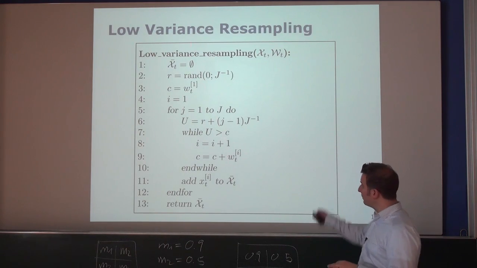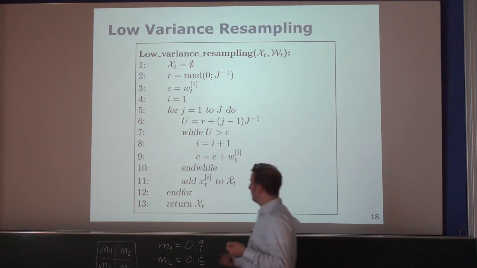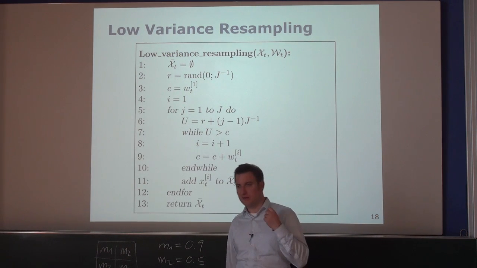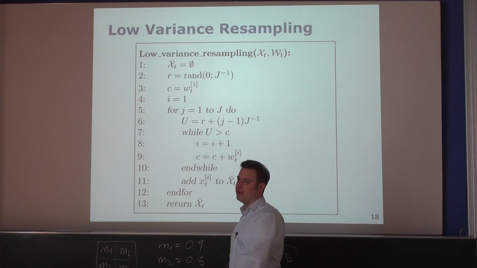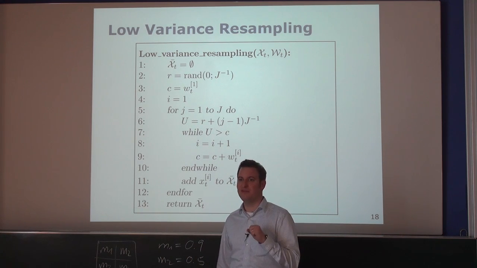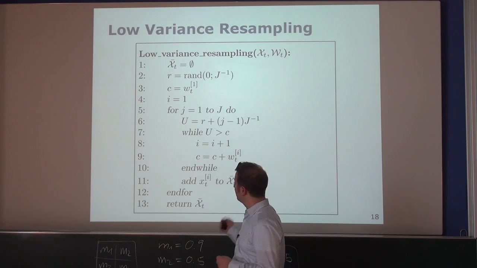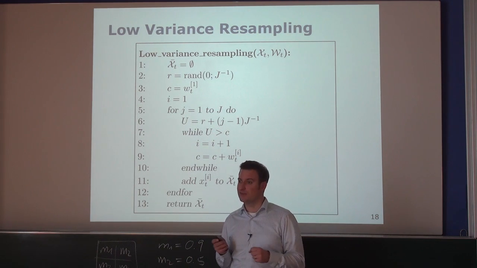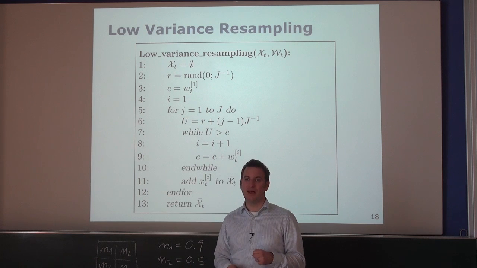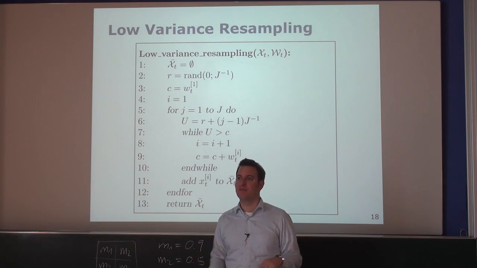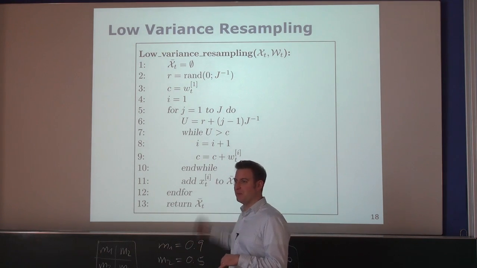I also put the algorithm in here. I don't want to go through that algorithm. But the important thing is that you process the data set once, and as one of the exercises that we will hand out next week, we'll cover this low variance resampling. You find the algorithm here on the slide, and your task will be to implement parts of a particle filter, and this will be one part of that.